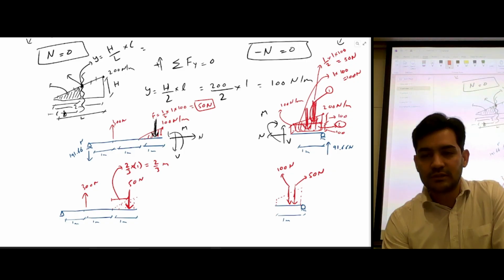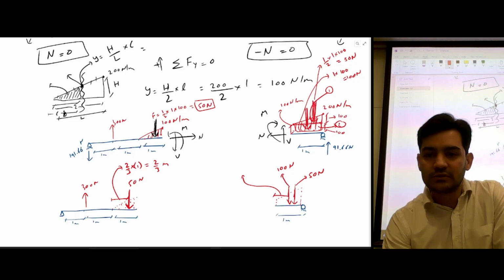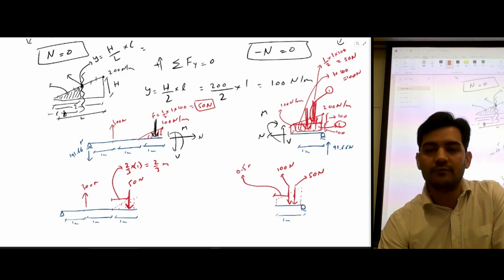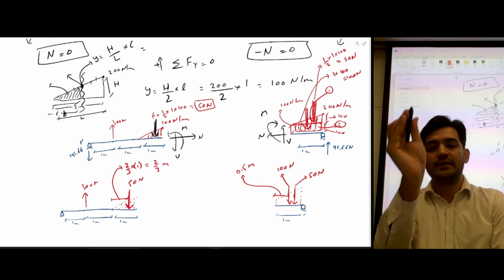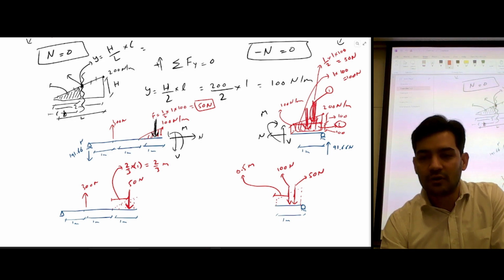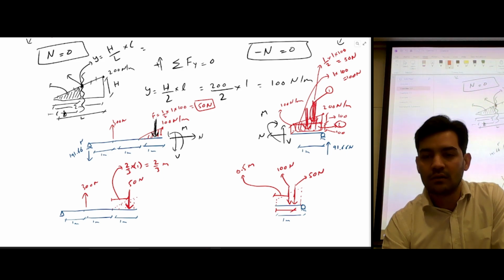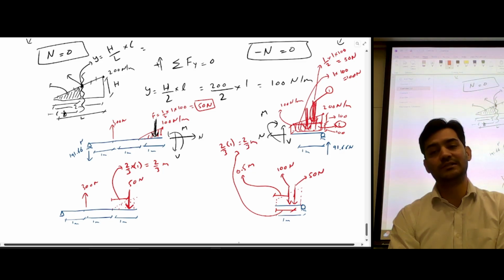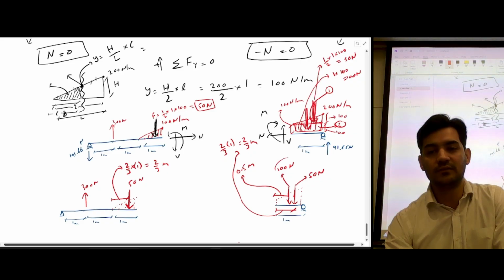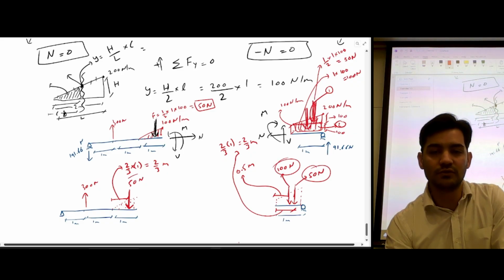This is a rectangular load, so this distance is 0.5 meter, because the force acts at the center of a rectangle. But for a triangle, the distance is 2/3 of 1 meter, so we have 2/3 meters. So these are the forces, and these are the distances.